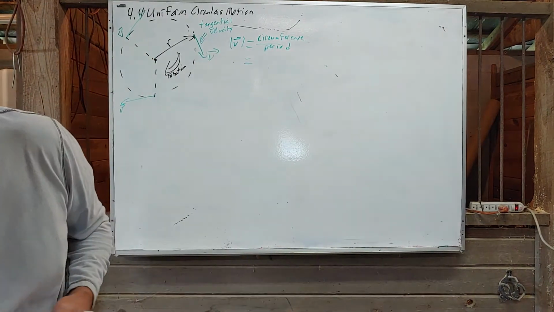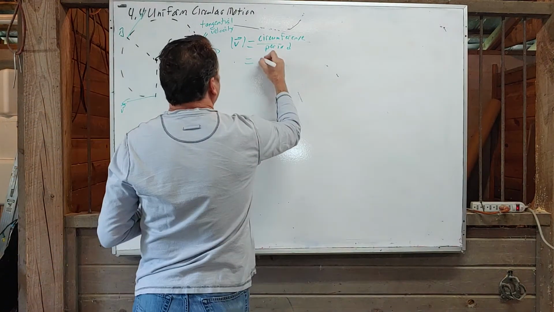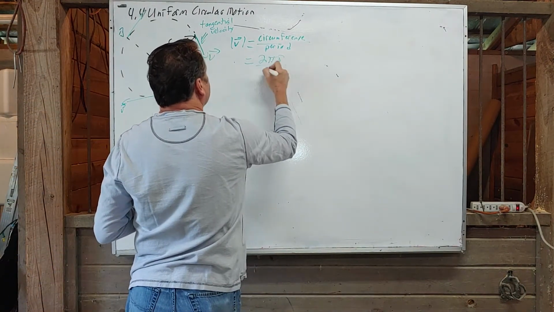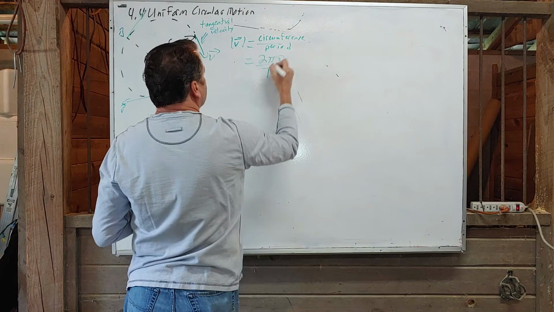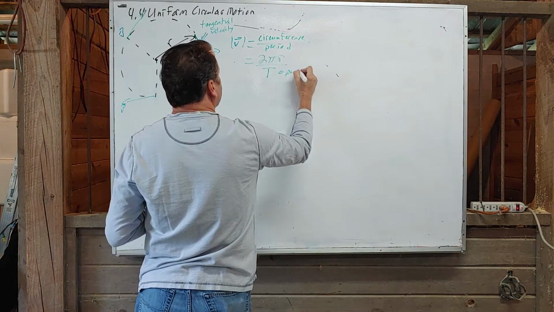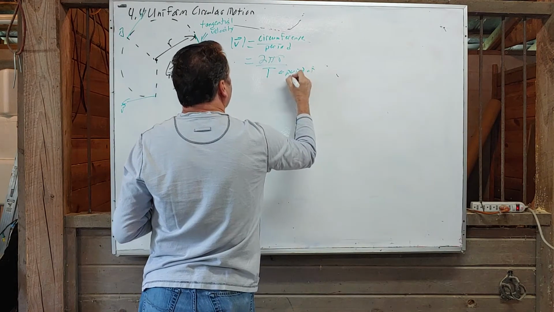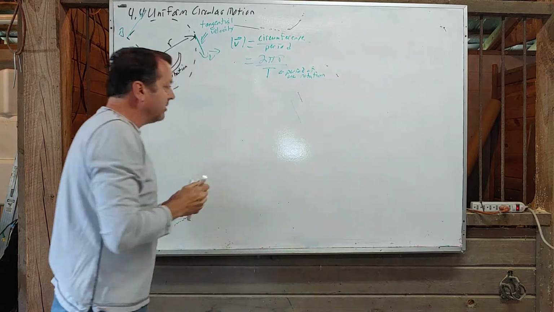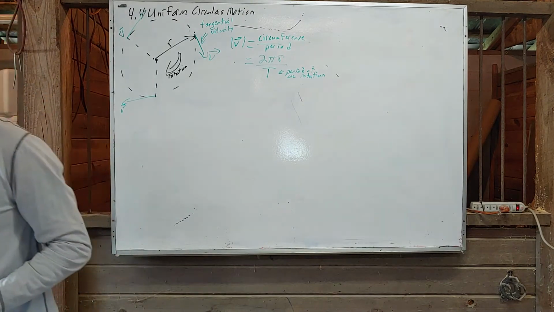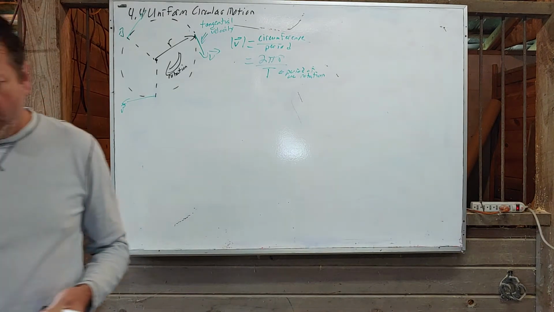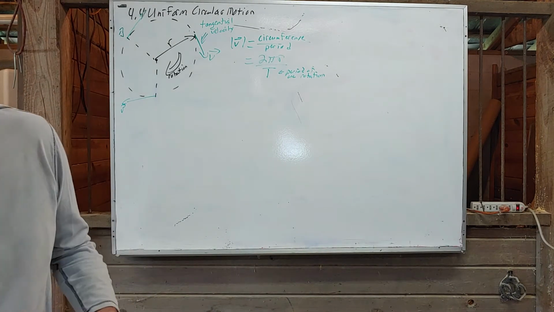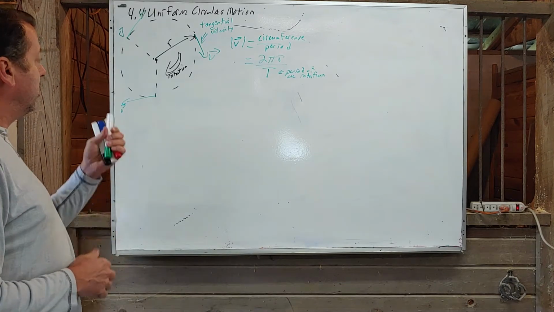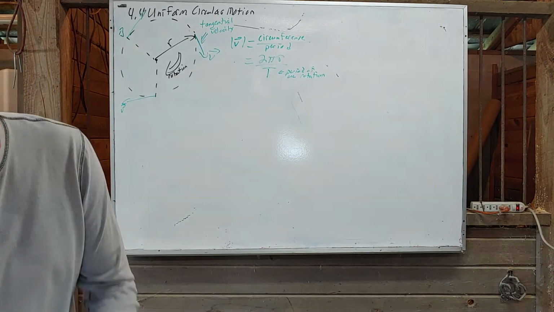The circumference is 2 pi times the radius, and capital T will stand for the period of one rotation. That's how we find the magnitude of that tangential velocity.